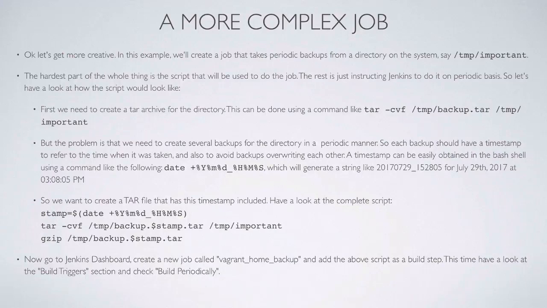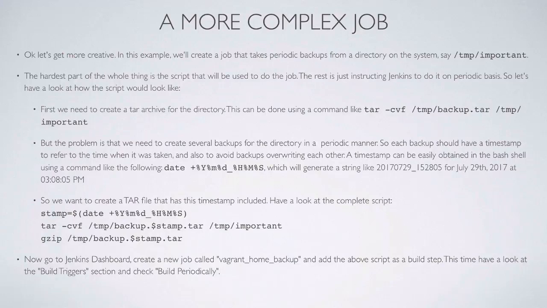First, we need to create a tar archive for the directory. If you're not familiar, a tar archive is just a way of grouping files and directories together in a file, and this file has the extension of .tar. Sometimes this file is compressed, and most commonly it is compressed using the gzip command.